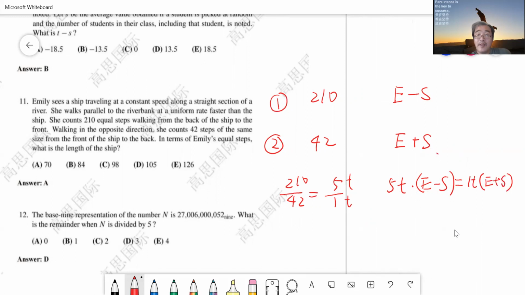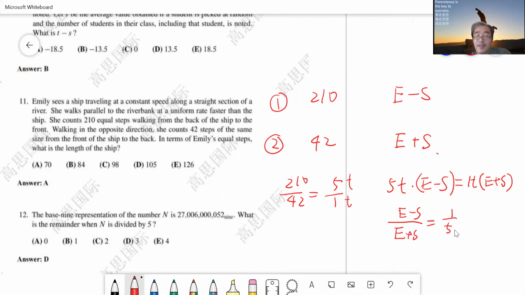So the same meaning is that they are in inverse proportion, right? So basically you can see that the same meaning as E minus S over E plus S equals 1 over 5. That's the same meaning, right?